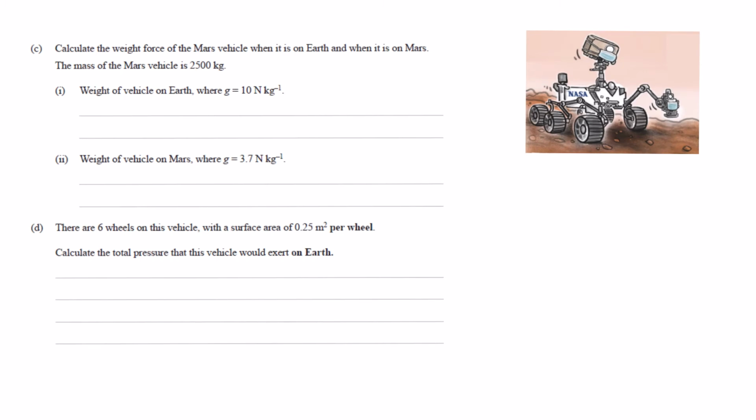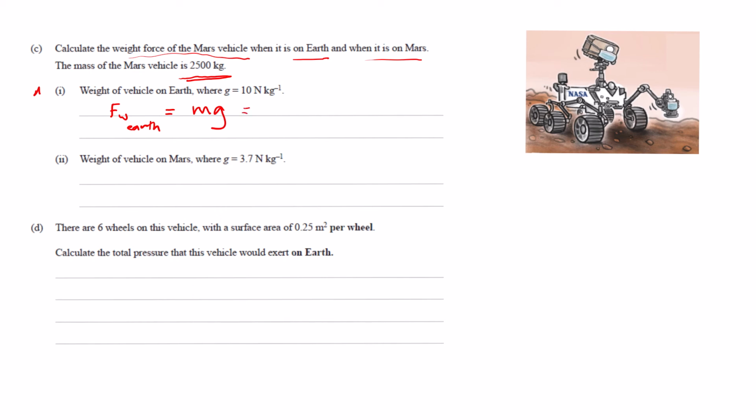Okay, part C, I hope you're enjoying this as much as I am. Calculate the weight force of the Mars vehicle when it's on Earth and when it's on Mars. The mass of the vehicle is 2,500 kilograms. So, part 1, the weight of the vehicle on Earth. Here is our equation, weight force on Earth is equal to mg.